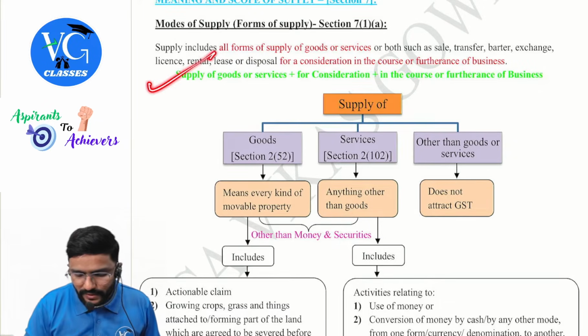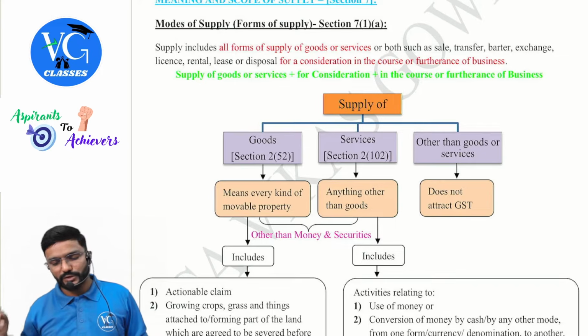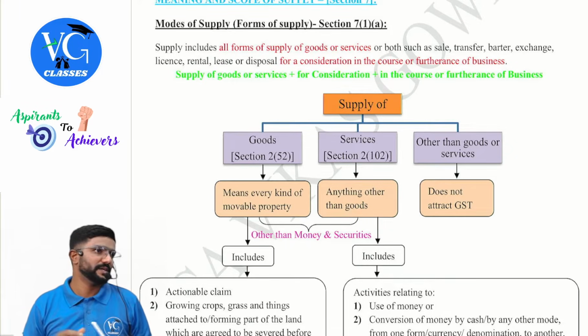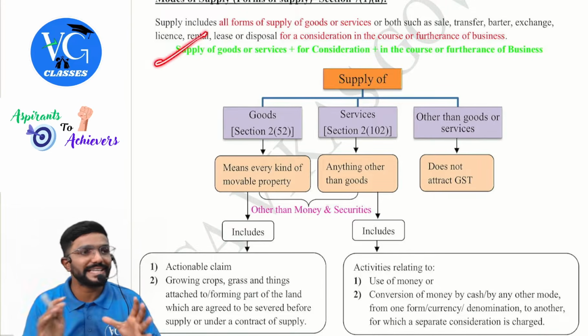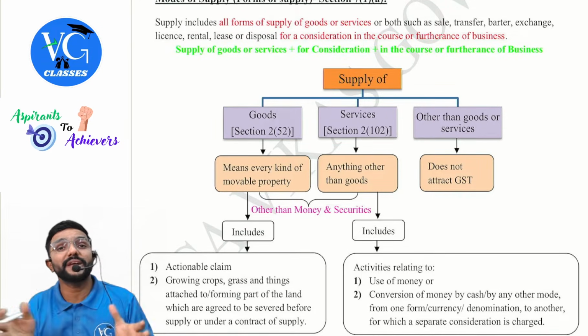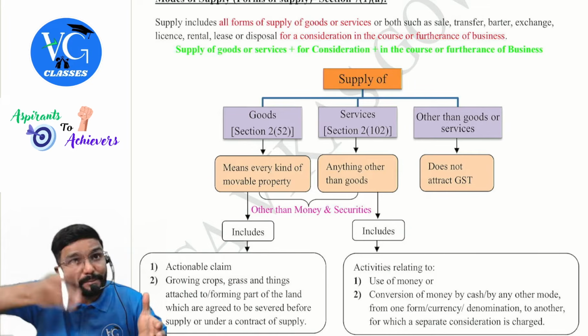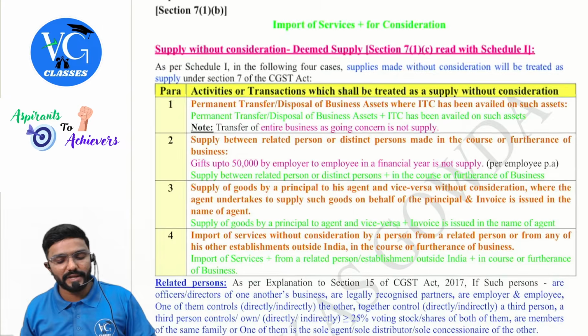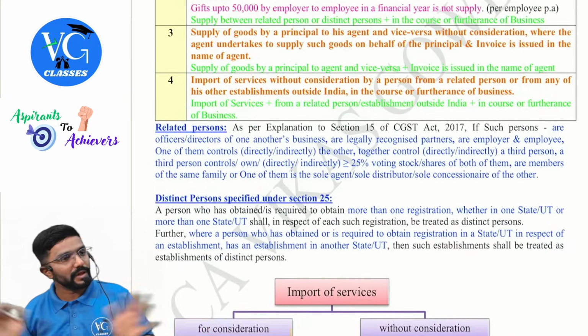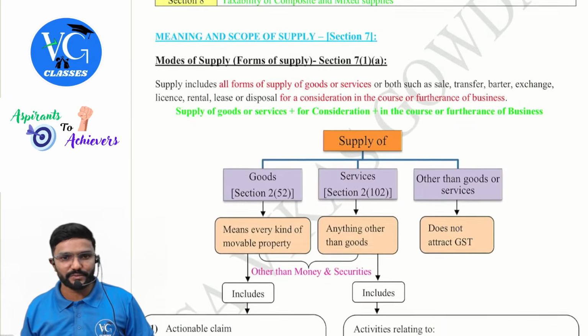So please be careful. Under each section, I have given what conditions have to be satisfied to make a transaction a supply. You can observe it in green everywhere. That means all those conditions have to be satisfied cumulatively.